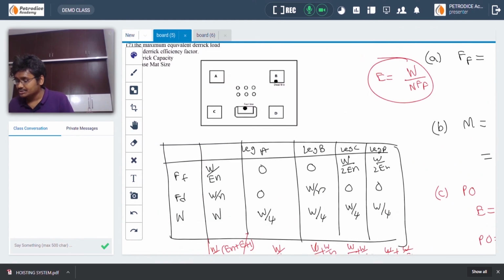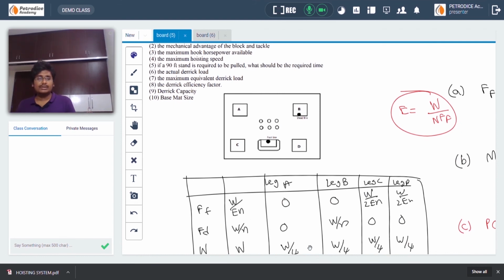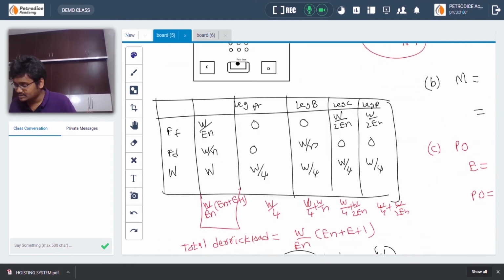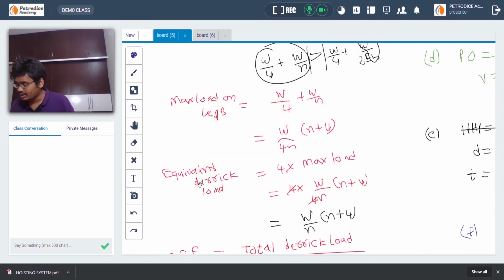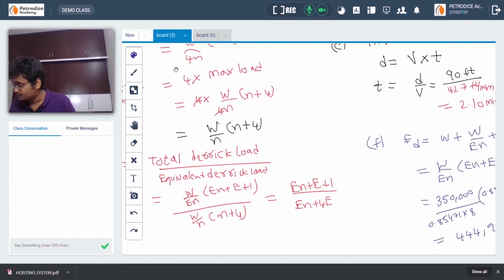The next question is the maximum equivalent derrick load. Equivalent derrick load is given by W by N into N plus 4.